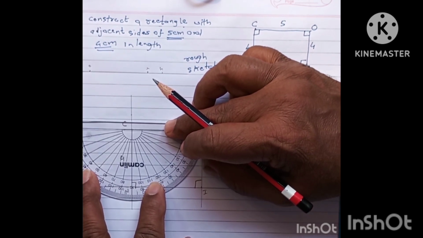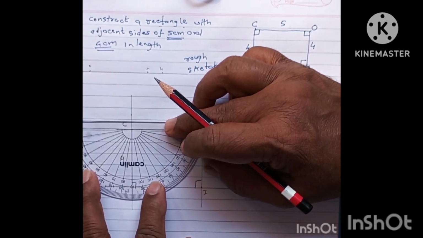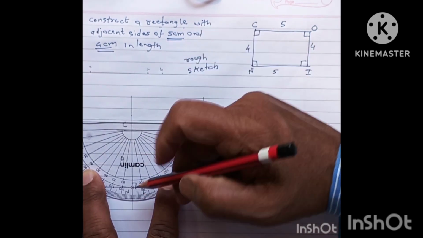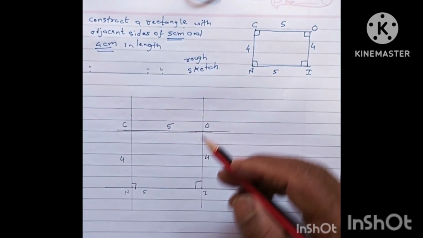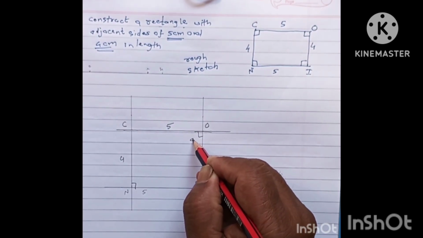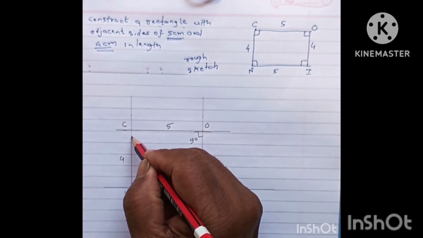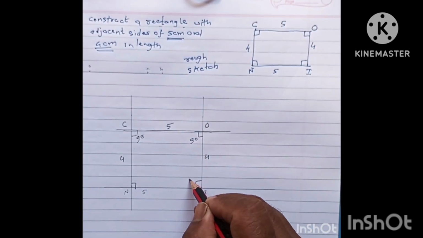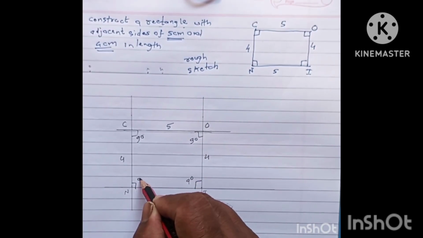If you have drawn the construction keeping all the rules in mind, then you can never go wrong like this. Okay, so now you can mention that it is 90, it has to be 90. And even this is 90. Okay, so got it. Now I will label them, that's 90.